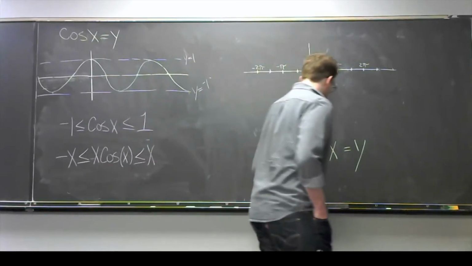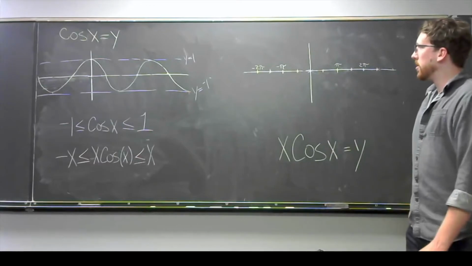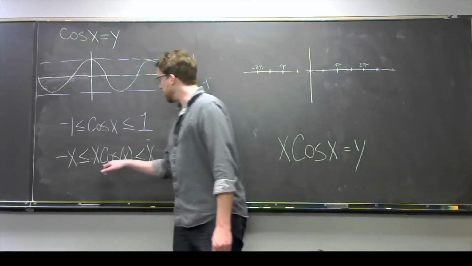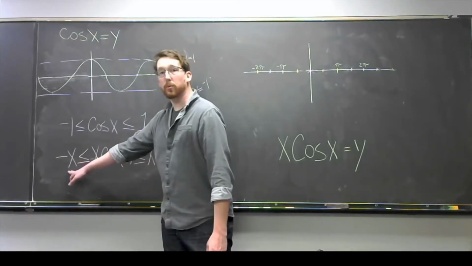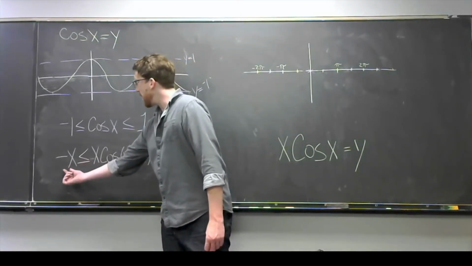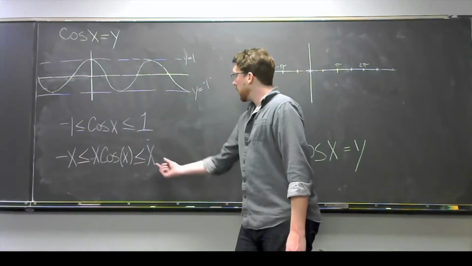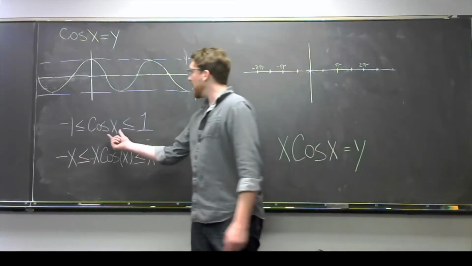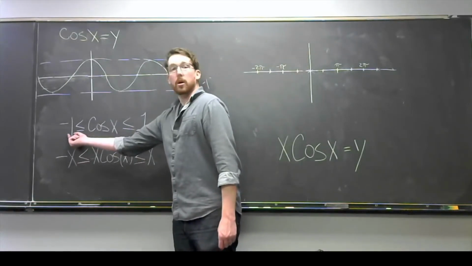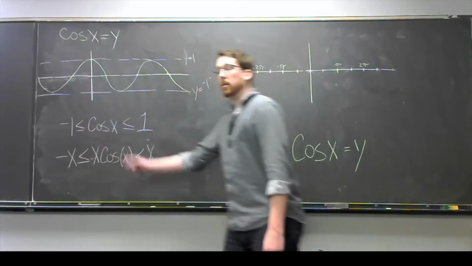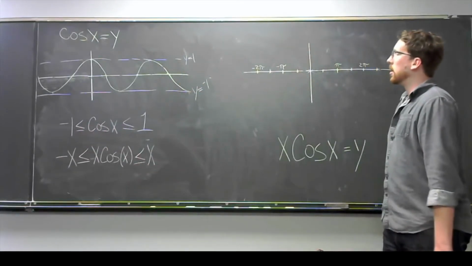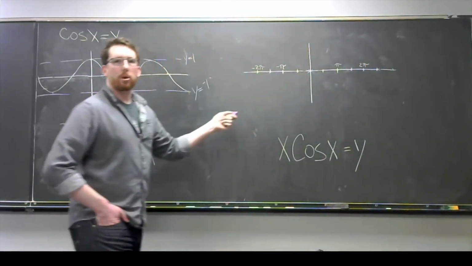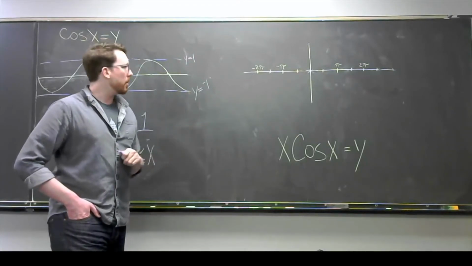So this tells us something. This tells us that x times cosine of x is going to be stuck between the equations negative x and x in the exact same way that cosine is stuck between -1 and 1. Well, if that's the case, why don't I just go ahead and draw the lines y equal to x and y equal to negative x up here?